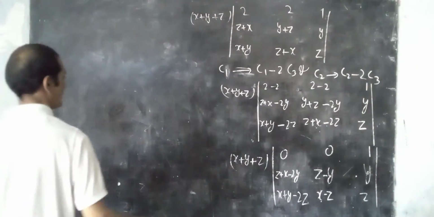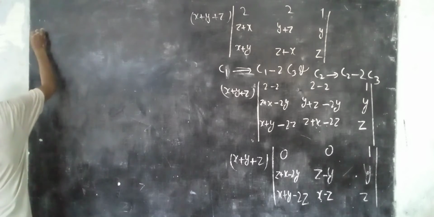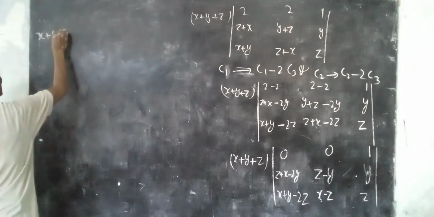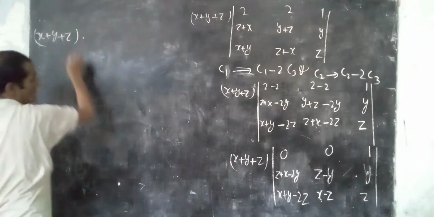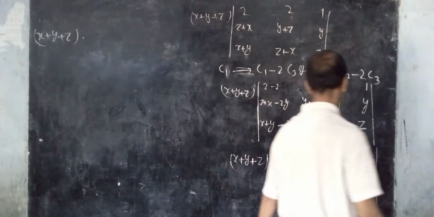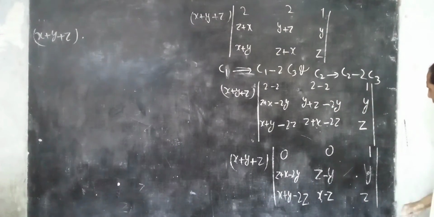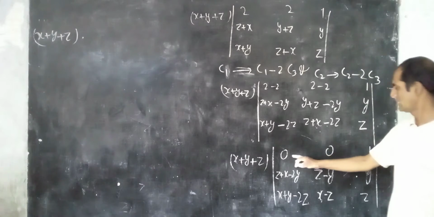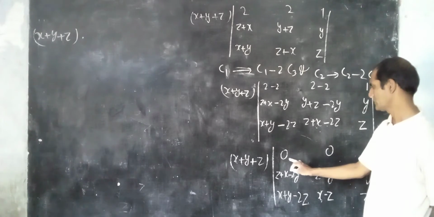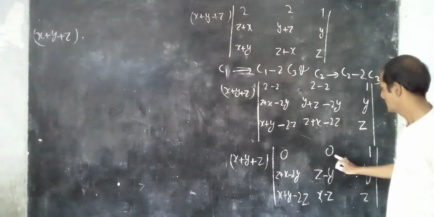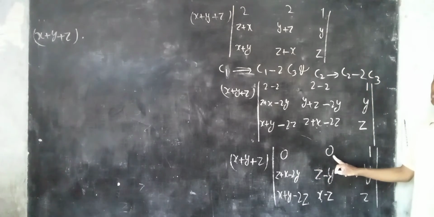So this becomes x plus y plus z into. When we expand the determinant with respect to the first row, the value corresponding to this becomes 0, and the value corresponding to this becomes 0.